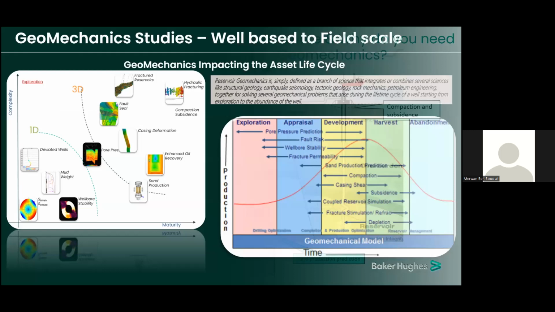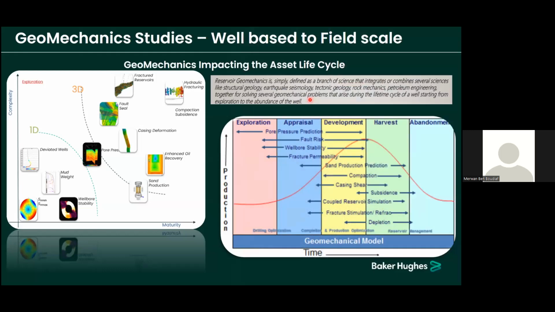Fault risks means all the fault slippage related risks for the wellbore stability for the drilling, and it follows until the very end of exploitation of hydrocarbons, with all the compaction, subsidence, and also stimulation related applications.